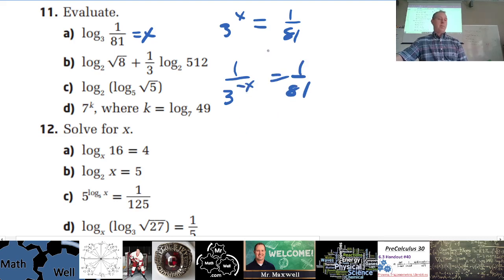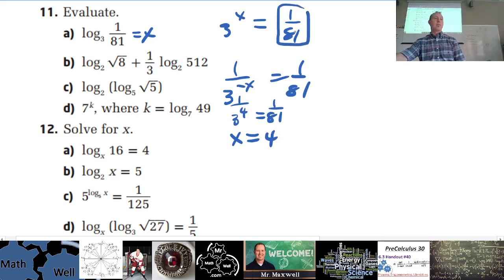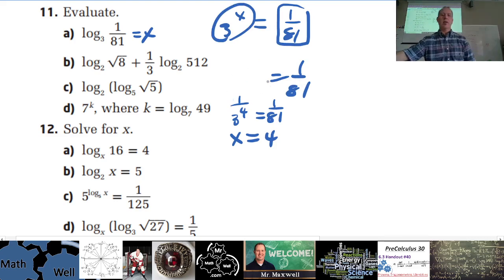So x equals 4 because 3 to the 4 is 81. Because this is 1 over, you find what exponent gives you 81, but then you make it negative. So is the answer not negative? Yes, the answer is negative because we pulled this down, so it's negative 4. Yeah, that's right.